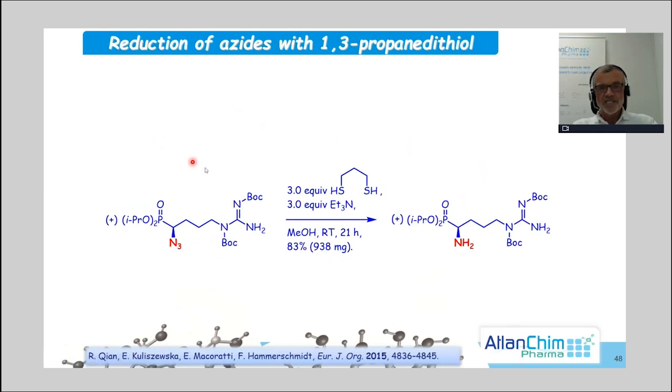In the synthesis of enantiopure alpha-aminophosphonic acids, reduction of this azide here with an excess of 1,3-propanedithiol and triethylamine in methanol gave the corresponding amino derivative in good yield on the gram scale.